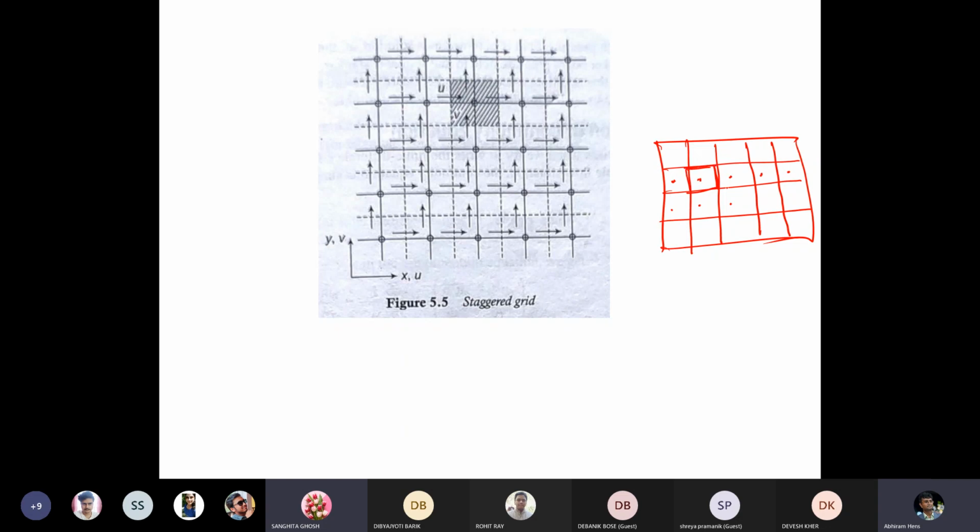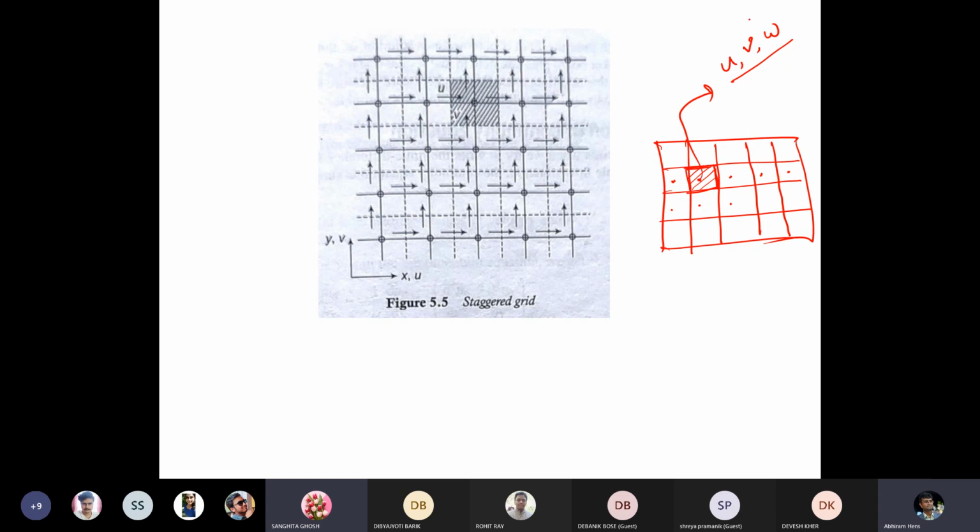So ideally, we store the values at the center. For this particular volume element, at the center we will store u, v, and w. That is how the standard method goes, but there is some problem.